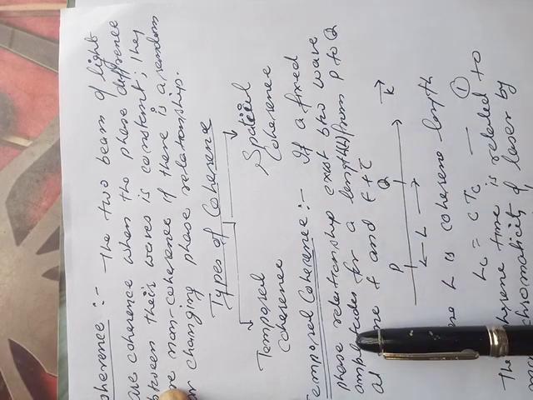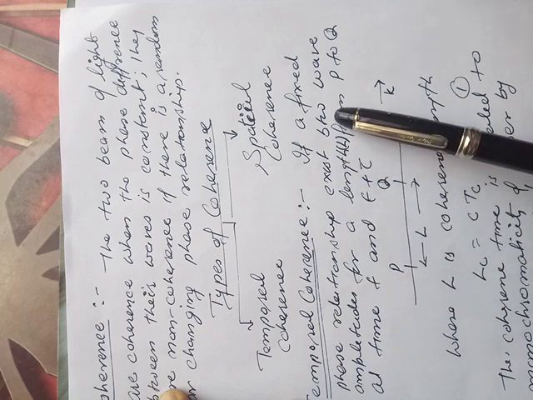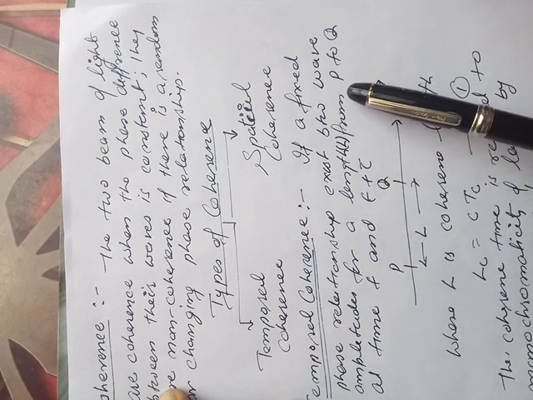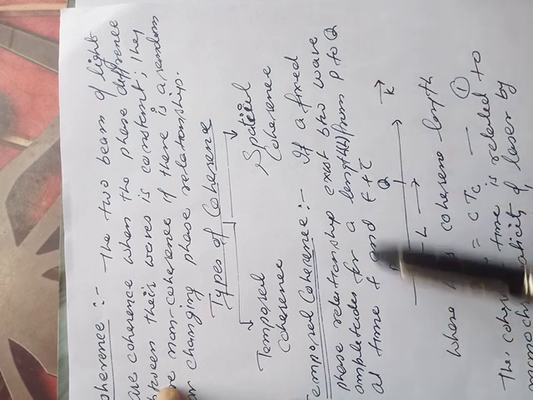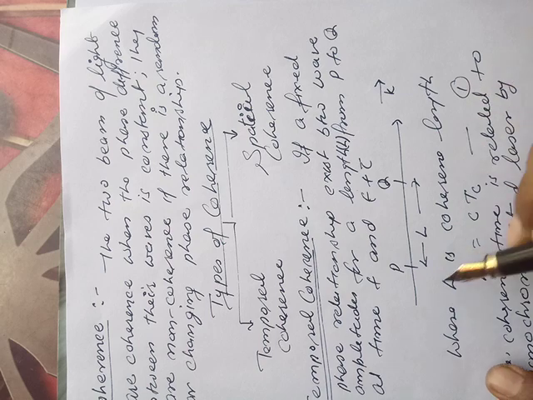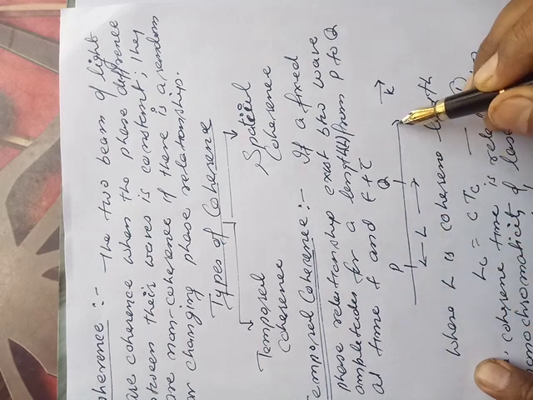If a fixed phase relationship exists between the amplitude for a length L from P to Q at a time t and t plus tau, means let me explain with the help of this one diagram. इस लाइन के along wave propagate कर रही है.